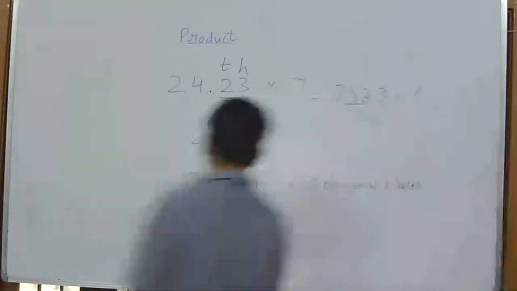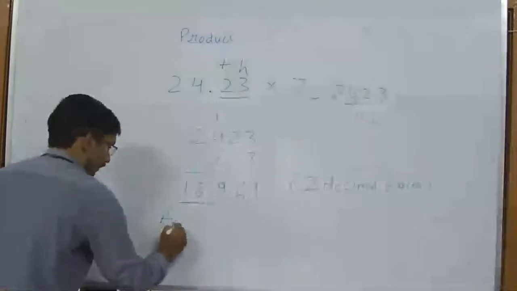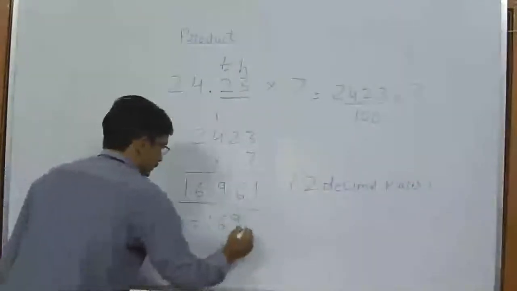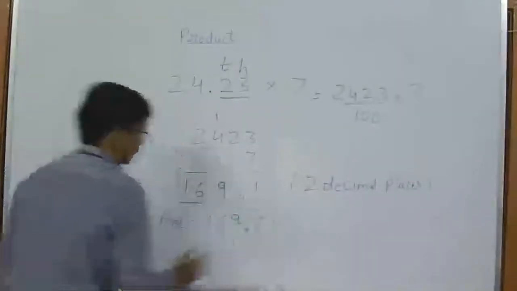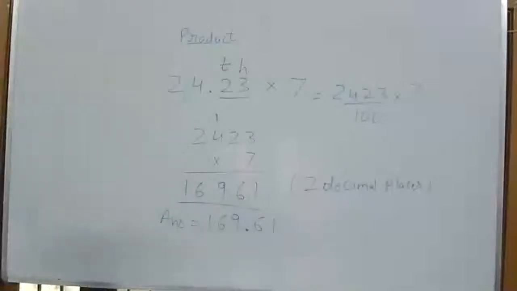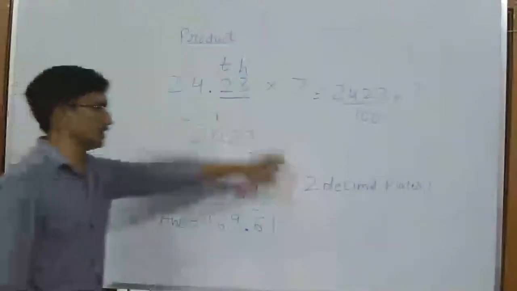So the answer will be 169.61. So we just have to count the number of decimal places and write them in the answer.